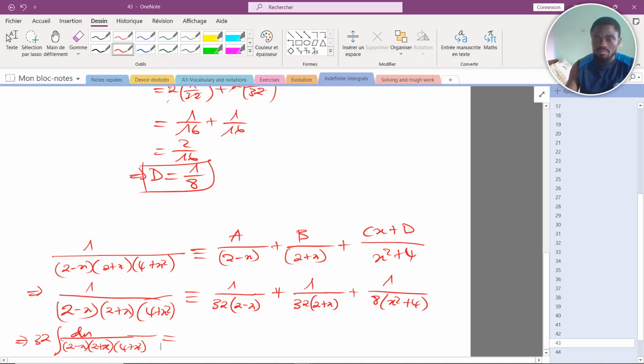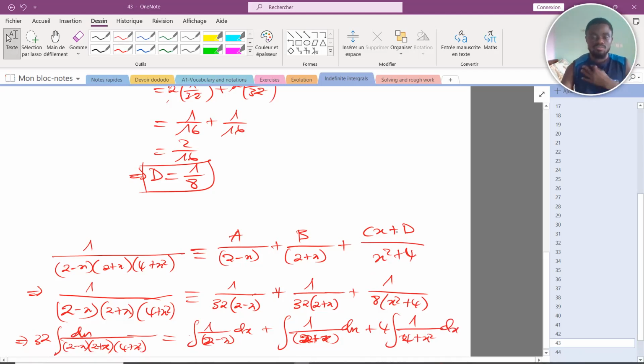This 32 divided by this 8 will leave us with 4 on top here. So this will be equal to the integral of 1 all over 2 minus x dx plus the integral of 1 all over 2 plus x dx plus 4 into the integral of 1 all over 4 plus x squared dx.